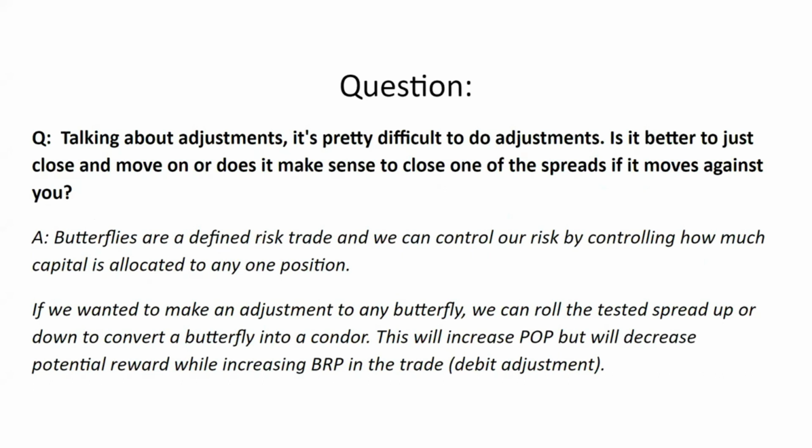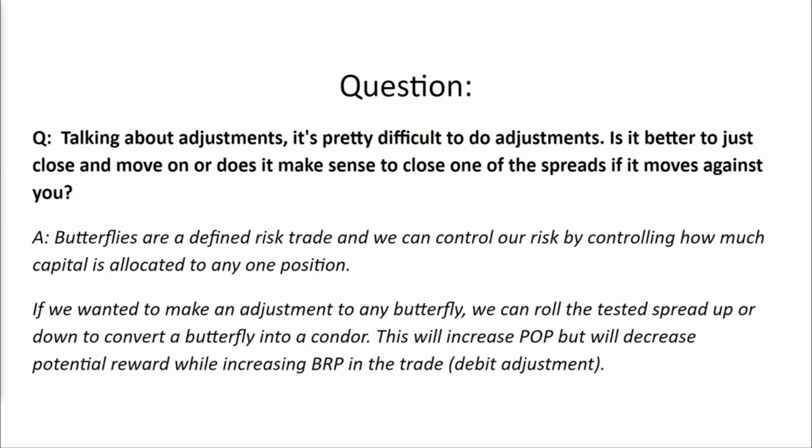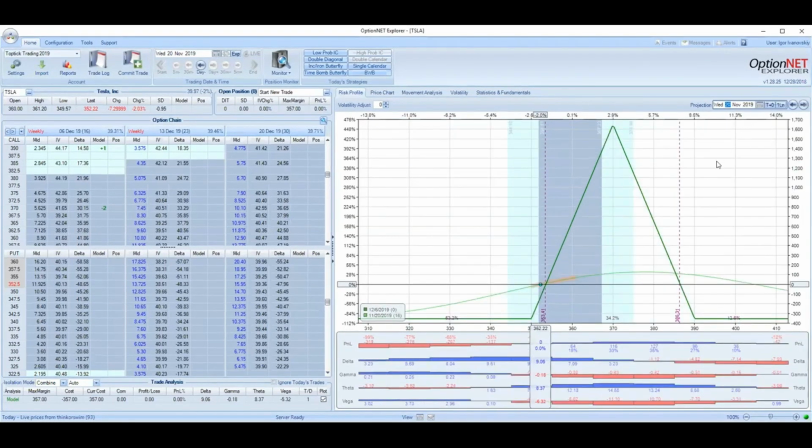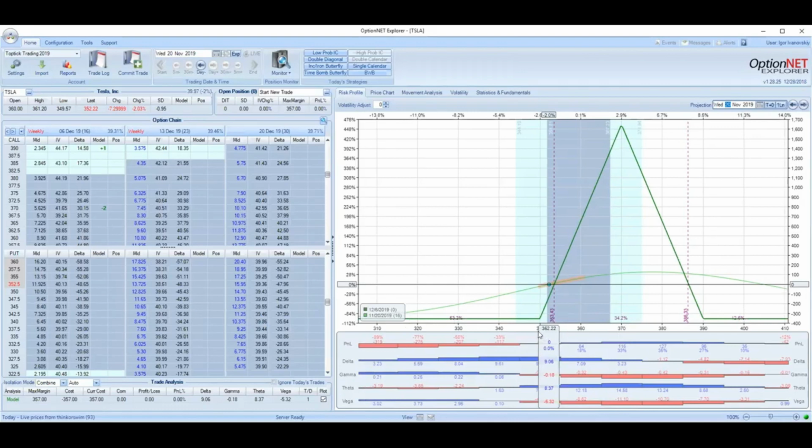Now, let me just switch over to my OptionNet Explorer screen. So going back to this Tesla example, if I was bullish and I placed my trade out of the money around 370, my risk in this trade is $357.